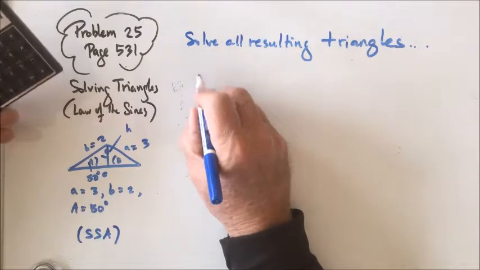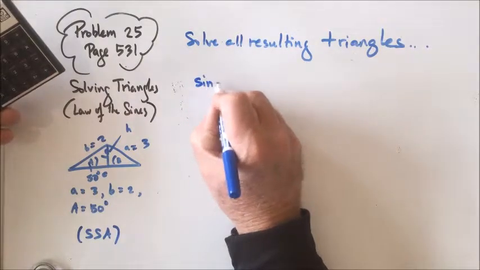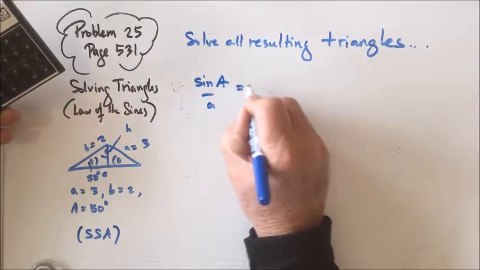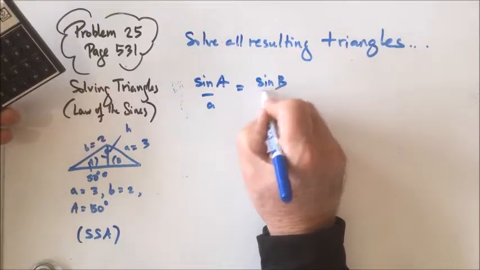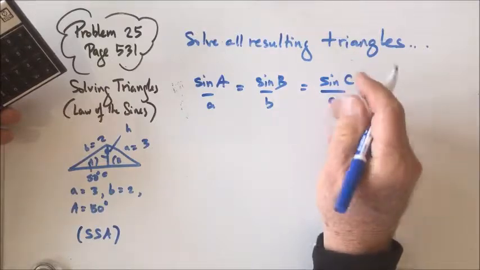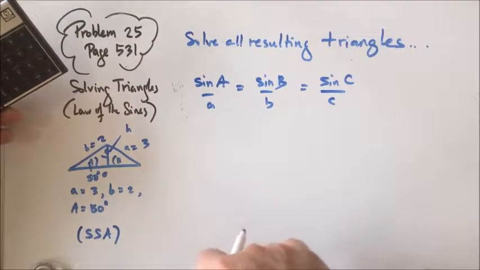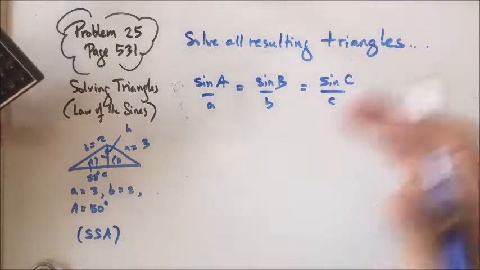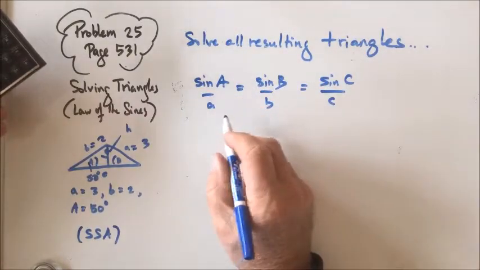We're going to use the law of sines that says that the sine of angle A over A is equal to the sine of angle B over B is equal to the sine of angle C over C. The sine divided by the length of the opposite side, that ratio is the same for all the angles.